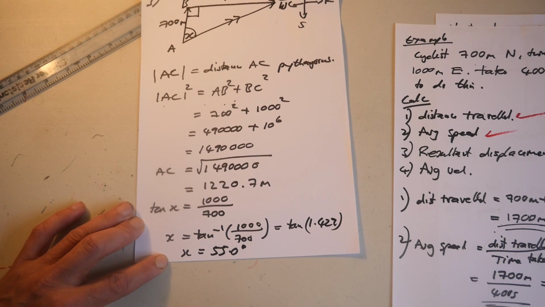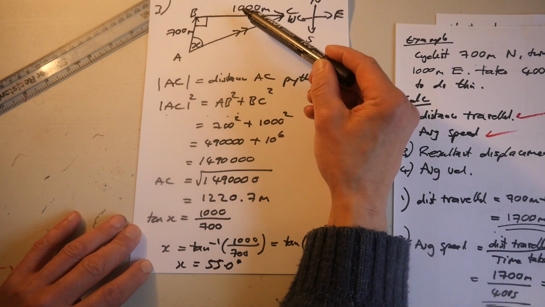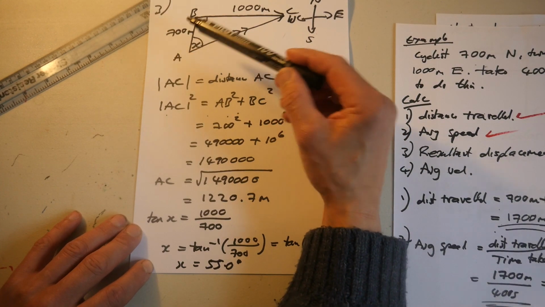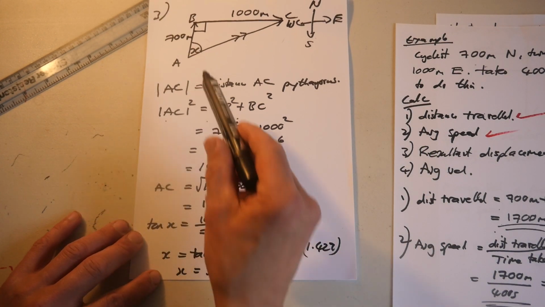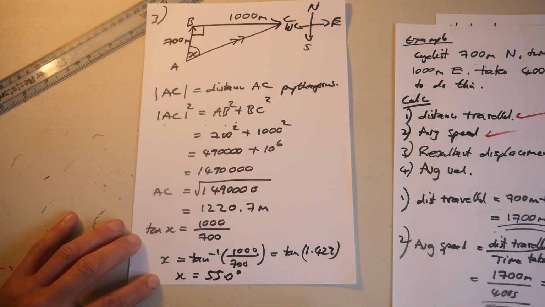So using tan, which is opposite over adjacent, you get an x value of 55.0 degrees.